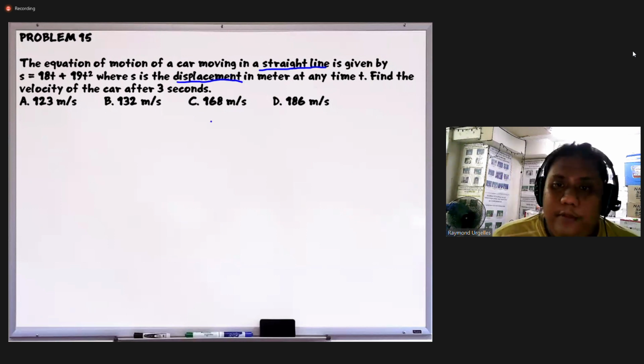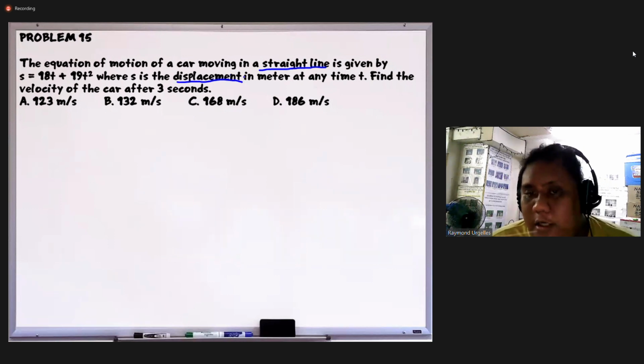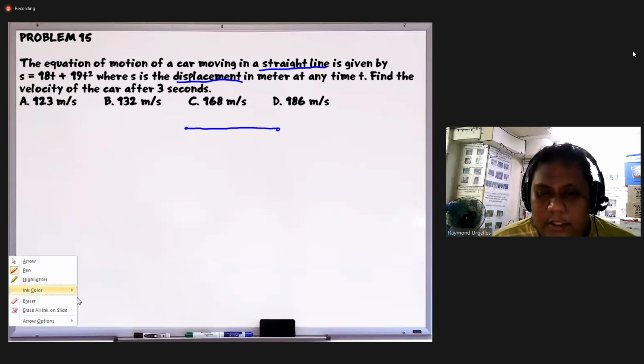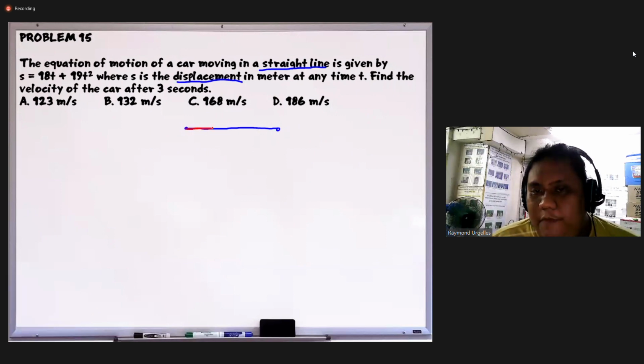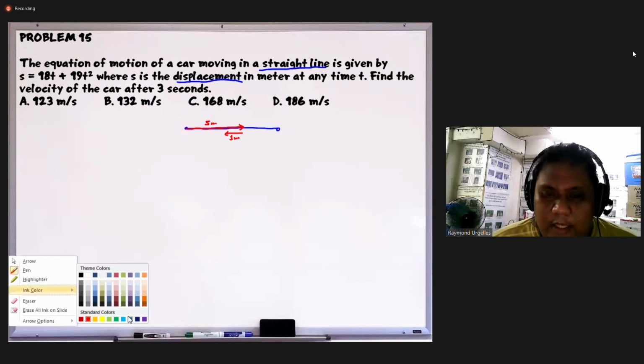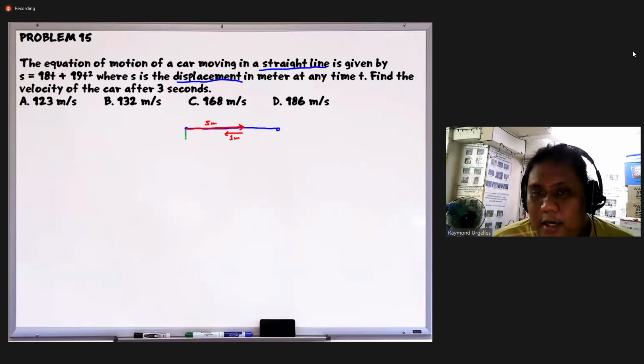Kasi if you are moving in a straight line, you can imagine for example, let's say yung path natin. So if let's say nag-move ka in this direction, let's say this is 5 meters. Nag-move ka ng 5 meters in that direction. Tapos bigla kang bumalik, so let's say nag-move ka ng 1 meter. So ang idea natin dyan, mula dito hanggang dito sa final position natin, ito yung tinatawag nating displacement.